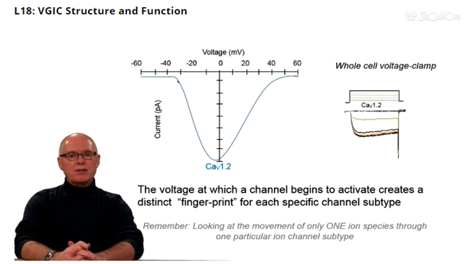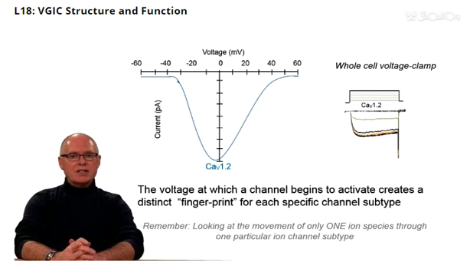The curve in the blue demonstrates the relationship for a subtype of calcium channel that results from the calcium channel alpha subunit gene called CAV1.2. The protein product associated with this gene is called the L-type calcium channel.